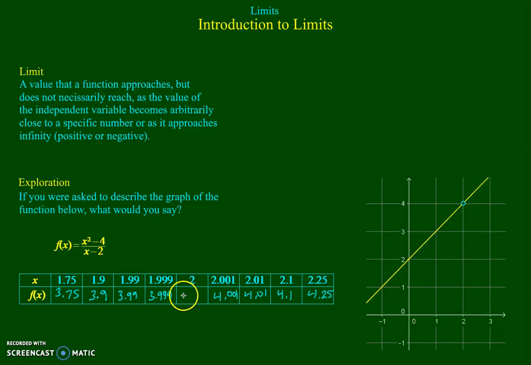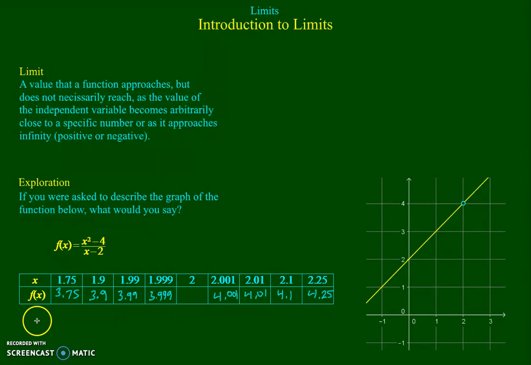it appears to be approaching 4 as well. So from an analytical standpoint or a numerical standpoint, we would say that the limit of this function as x approaches 2 is 4.